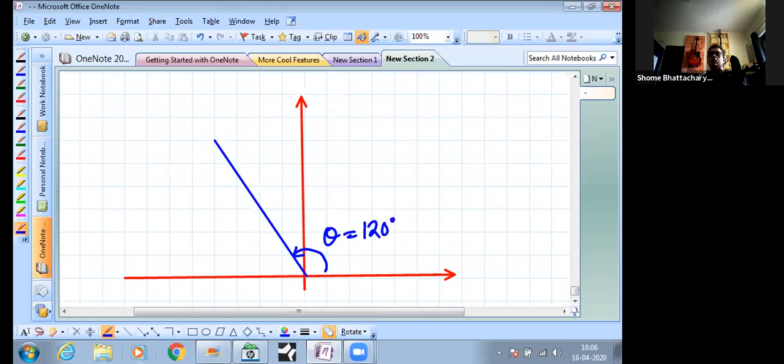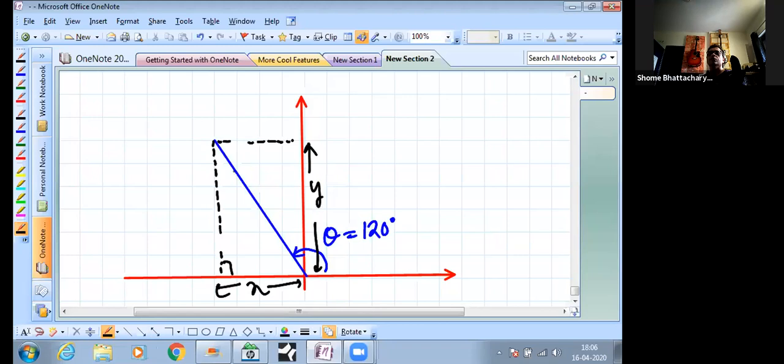So when we drop the perpendicular in this diagram, this is becoming x, and this is becoming y.